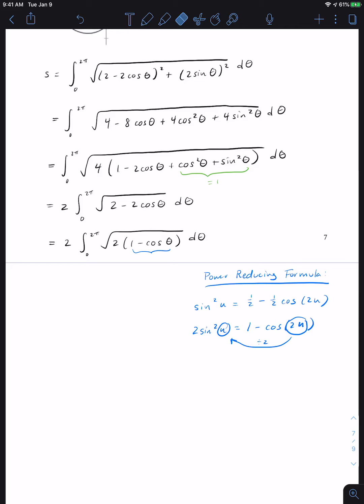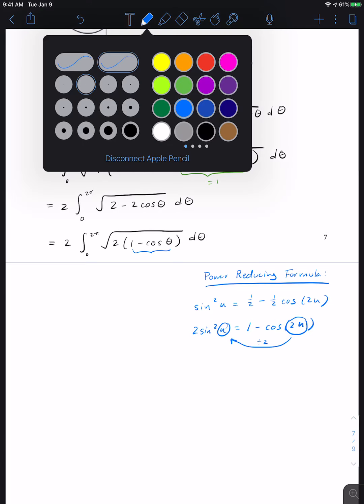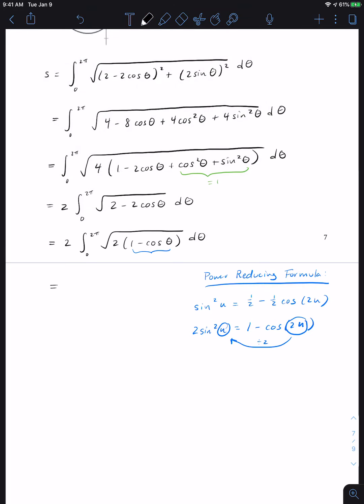So what this ends up looking like is 2 times radical 2, because I'm pulling out the square root of 2 there, the integral from 0 to 2 pi of 2 sine squared of, now instead of theta, theta divided by 2 underneath the square root d theta.